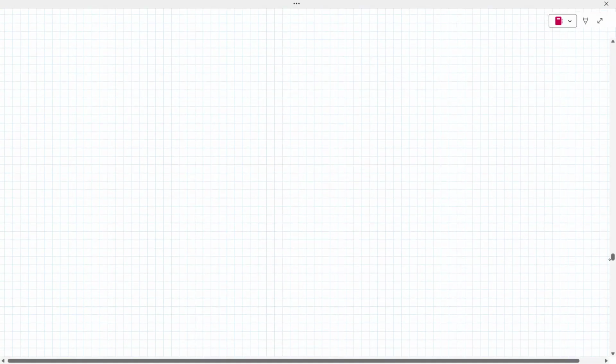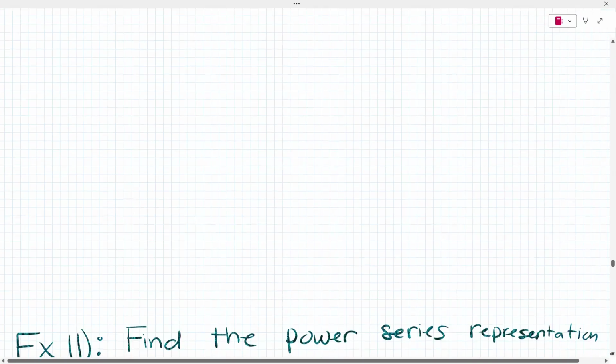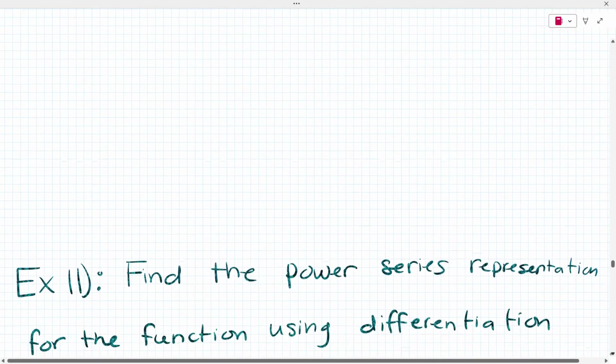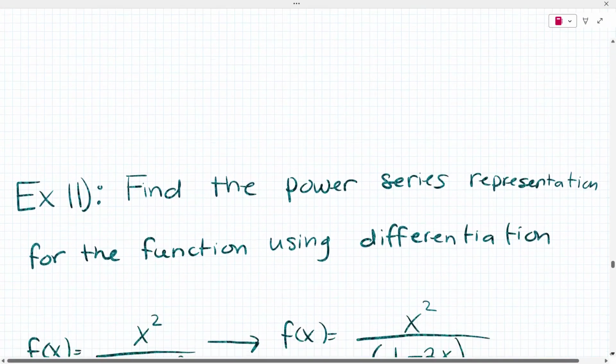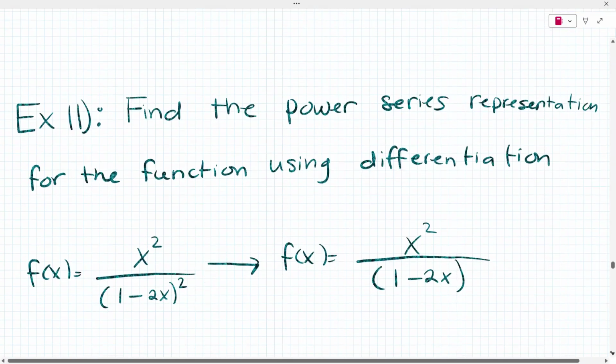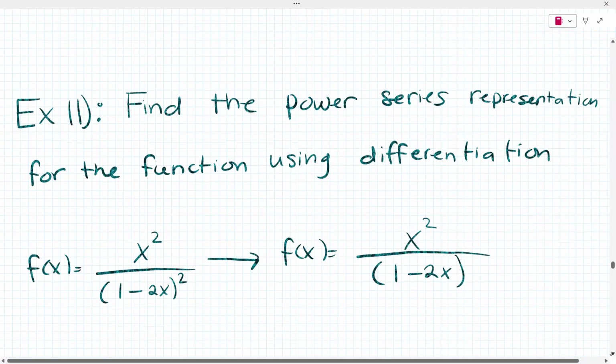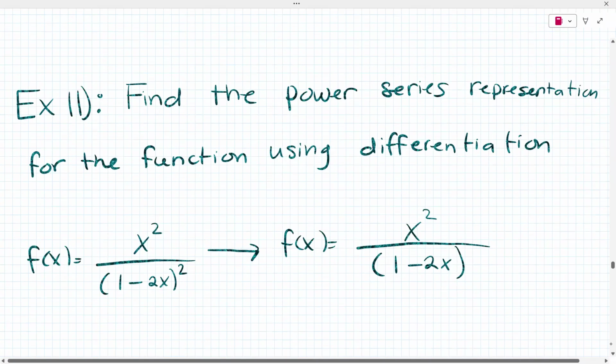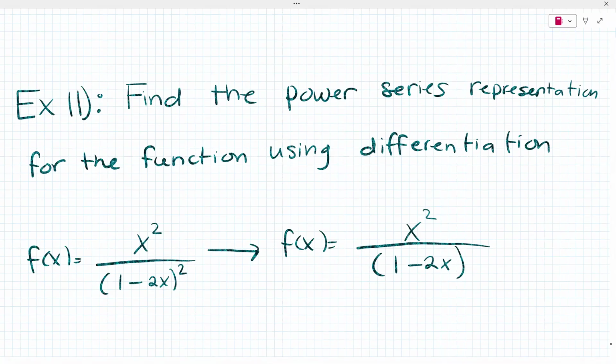So let's move on to question 11. Example 11 says, find the power series representation for the function using differentiation. And we have f of x equals x squared over (1 minus 2x) squared.